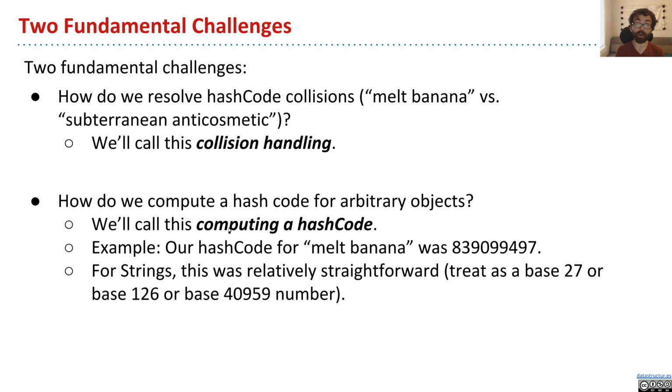And as I said, we call this computing a hash code. For example, our hash code for melt banana was this 839 million number. And for strings, what we saw so far was straightforward. We treat it as a base 26, base 126, base 27, base 40,959, whatever we might want to do. And so those will be the fundamental challenges we will try to address moving forwards.